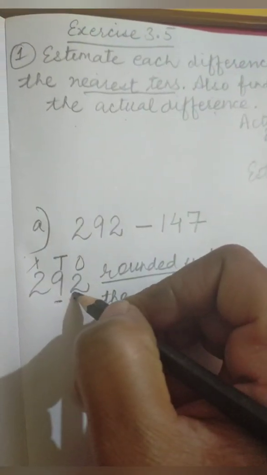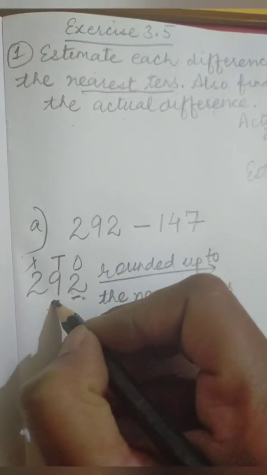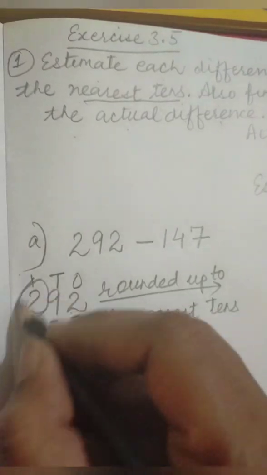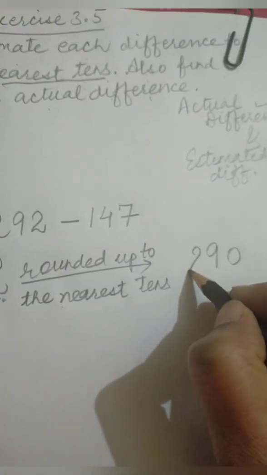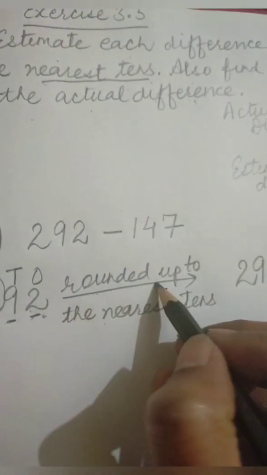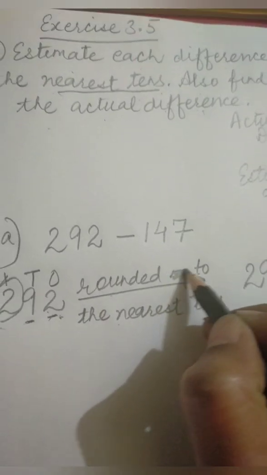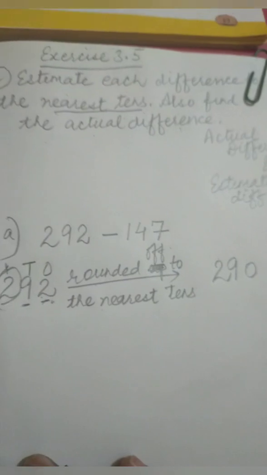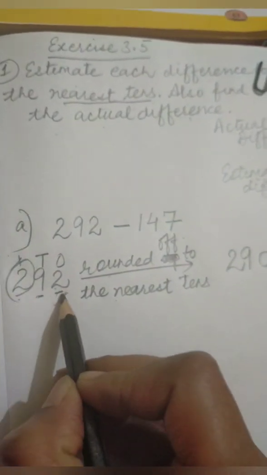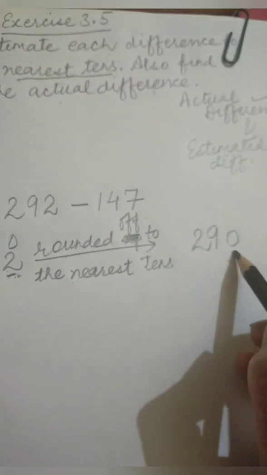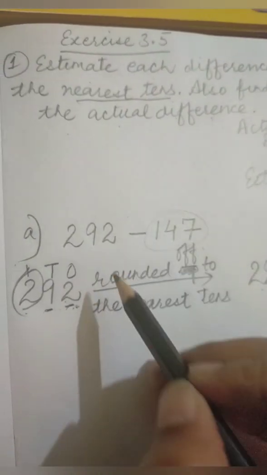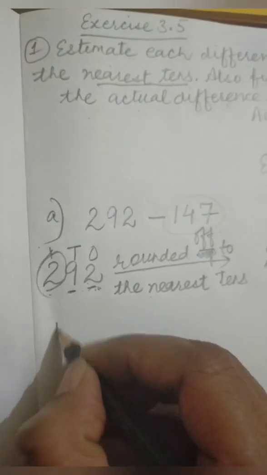Here ones place is less than 5, so it will remain as it is, no change in this, and 2 has no role, so here we will write only 2. Friends, here it is rounded off. Now 292 rounded off to the nearest tens is 290. Now the second number, that is 147.